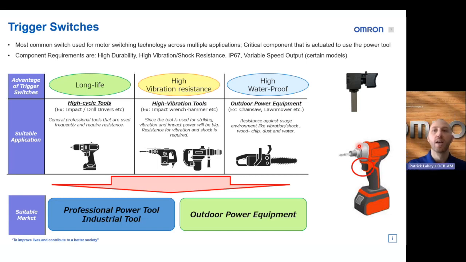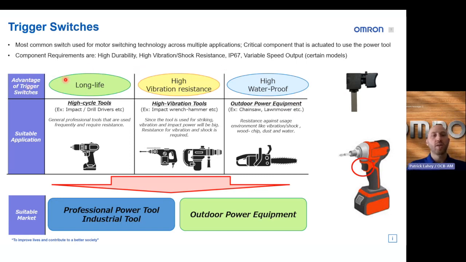So the trigger switch plays a very critical part of the power tool. If the trigger switch does not work, the whole tool is not going to work properly or even function at all. So having a very high-performing, high-quality trigger switch is very key for the power tool market.